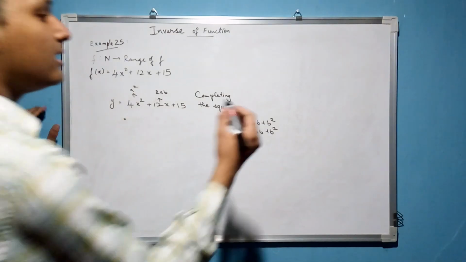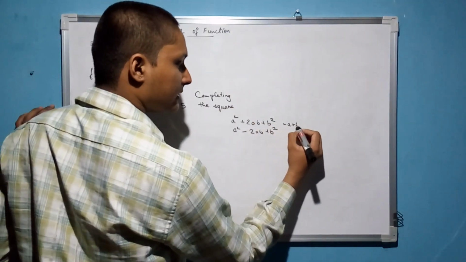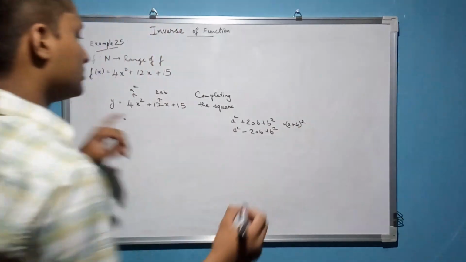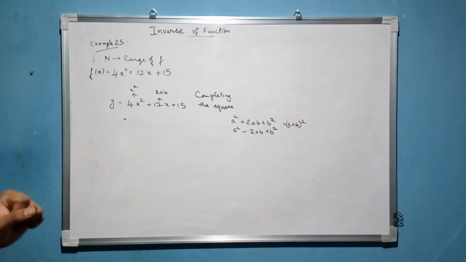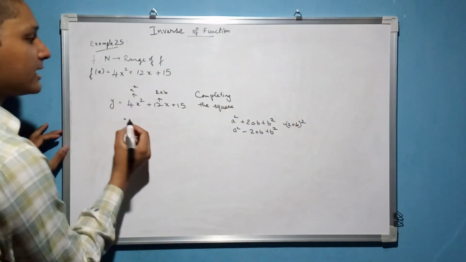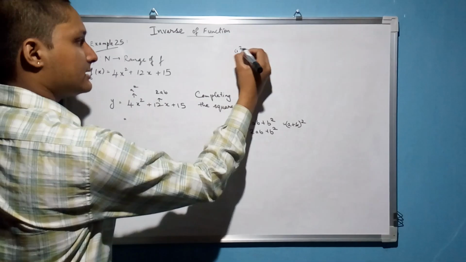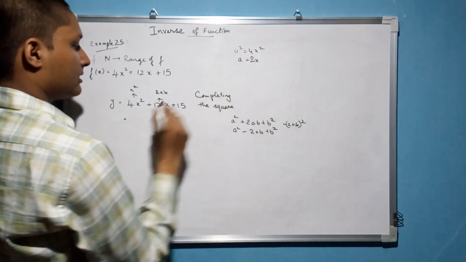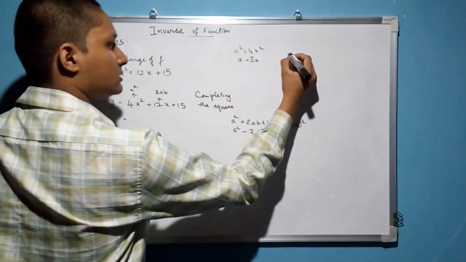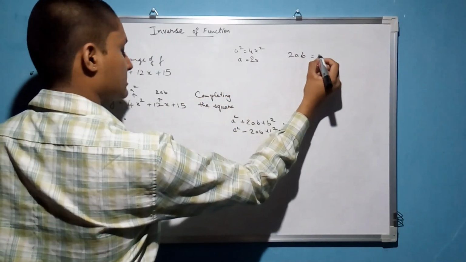That is, I can write this as a plus b whole square here. I find that this is not a complete square, that's why I need to get that b square term here, right? So if this is a square, what is a? A square is 4x square, therefore a is 2x. Here 2ab, 2a into b is 12x.